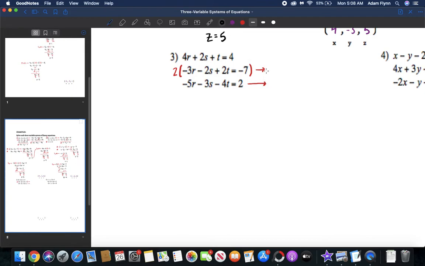So if I rewrite these, I get -6r minus 4s plus 4t equals -14. And my bottom equation I'm just rewriting. So -5r minus 3s minus 4t equals 2.